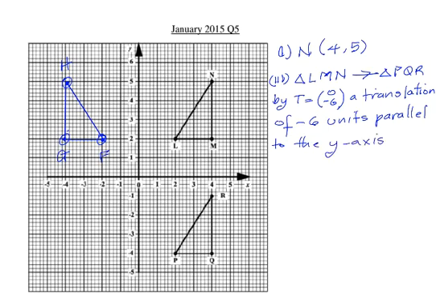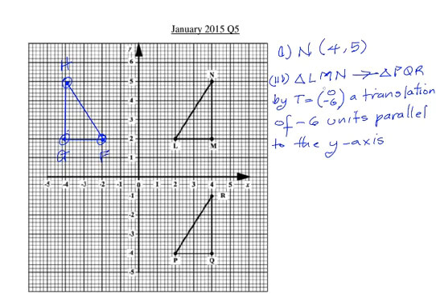Alright, and minus 6 is telling me that I'm going what? Down. If the bottom value of my translation vector is negative, it means that I'm moving the shape down. The top value is 0, which means that I did not move the shape left nor right. I only moved the shape 6 units down.